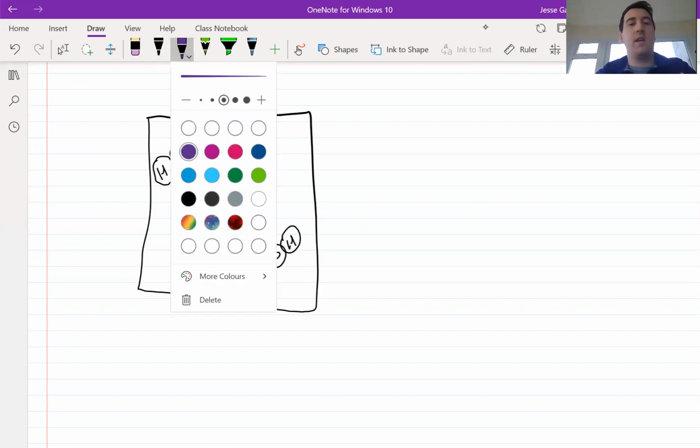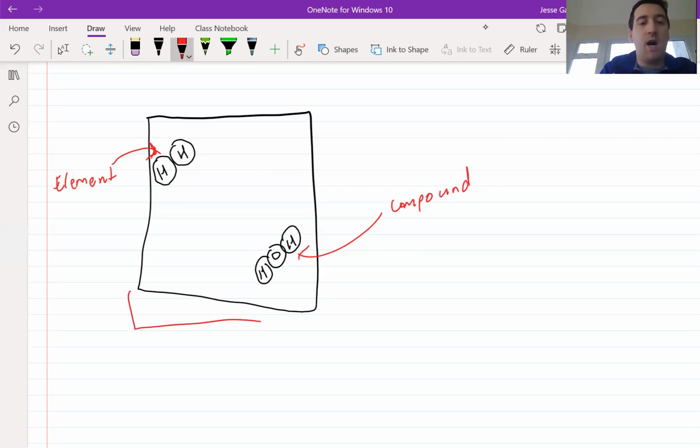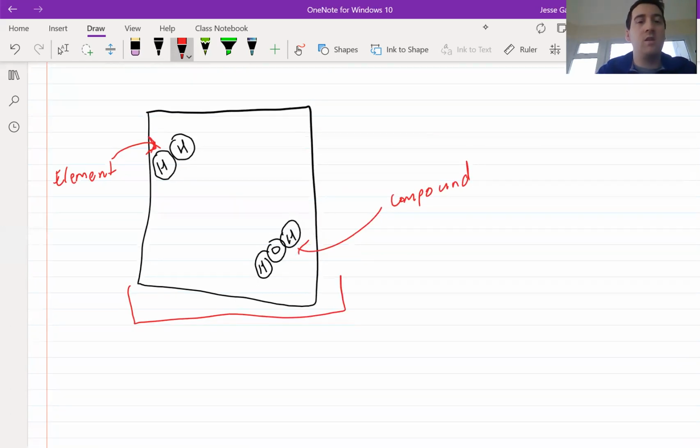Now, you will see that up here, we've got an element, 2 hydrogen atoms. They're the same atom, so this is an element. And down here, well, this is a compound. It's water again.